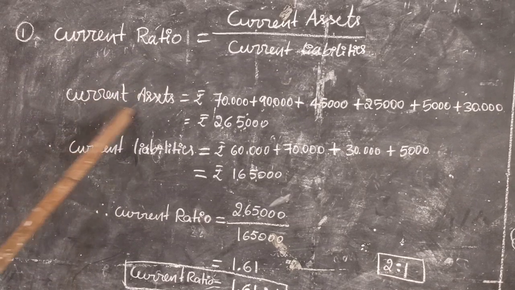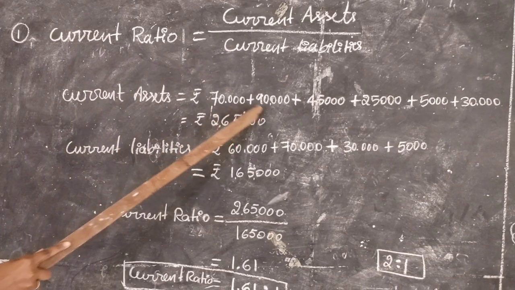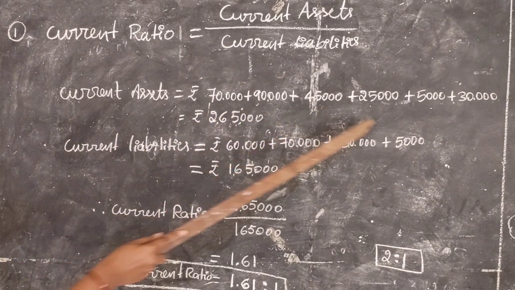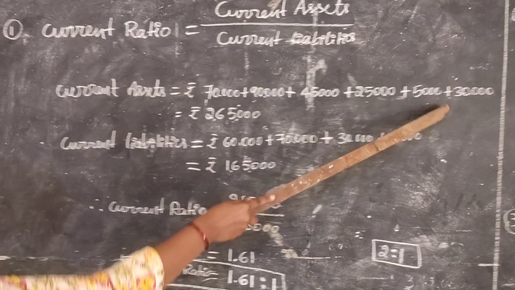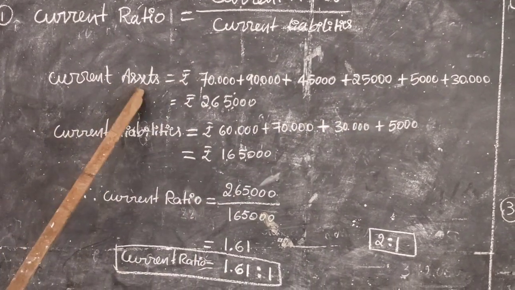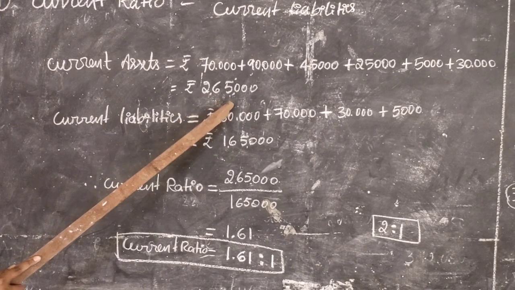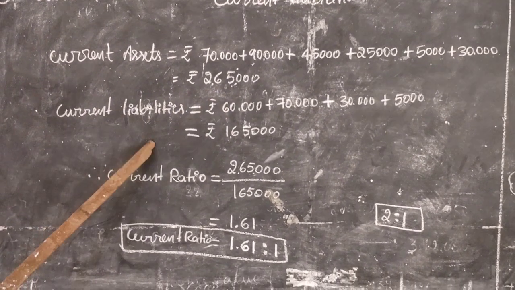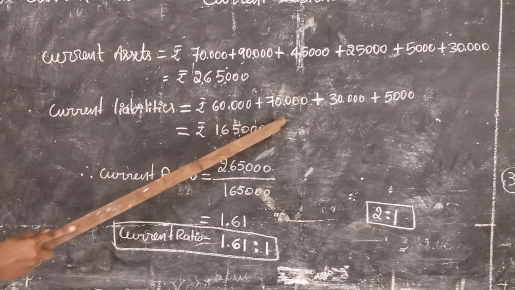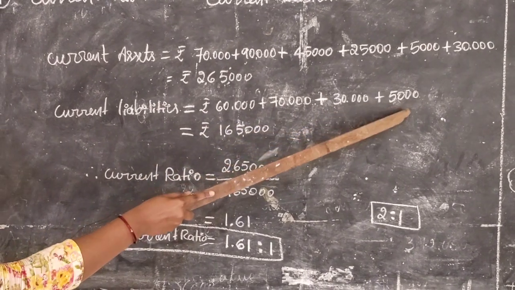Here the current assets are rupees 70,000, 90,000, 45,000, 25,000, 5,000 and 30,000. Total of the current asset is equals to 2,65,000, and the current liabilities are rupees 60,000, 70,000, 30,000, 5,000.